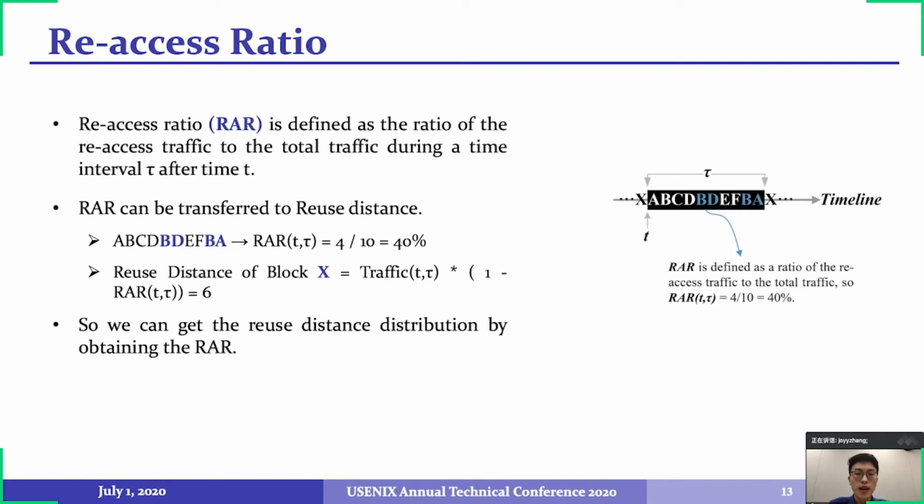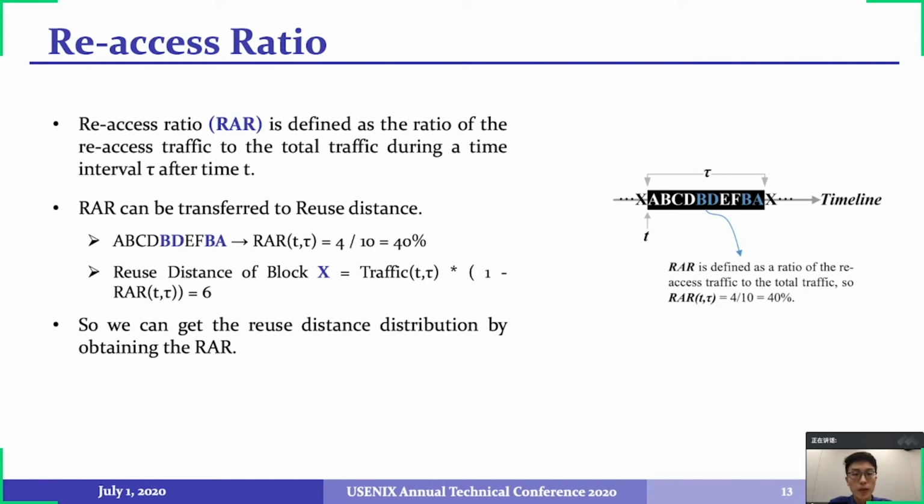There is an example in the right figure. The number of reaccessed blocks during tau after t is 4, and the total traffic is 10. So, the reaccess ratio is 40% and the reuse distance of block X is 6.